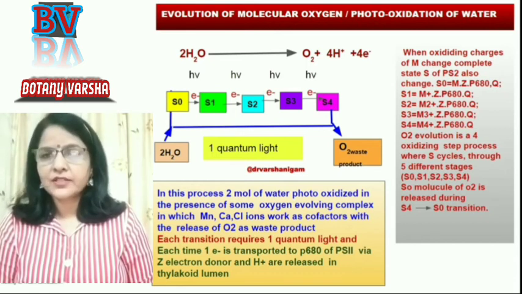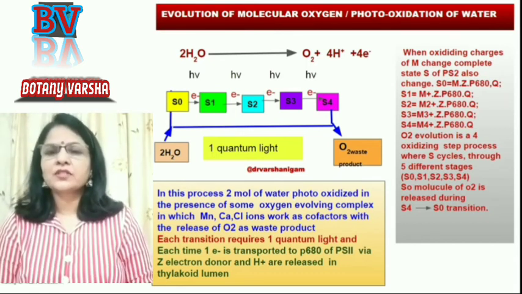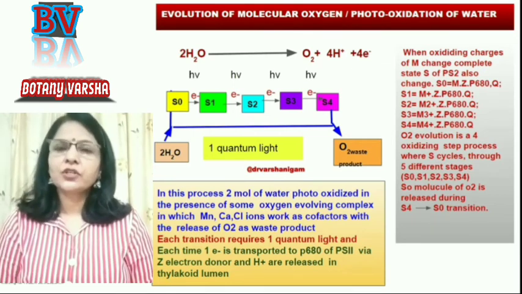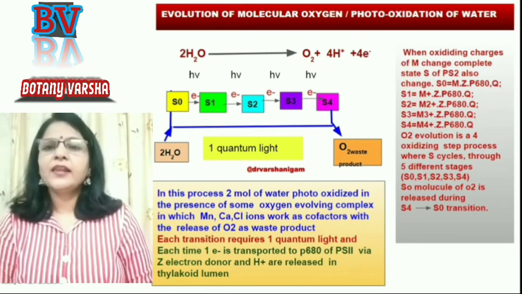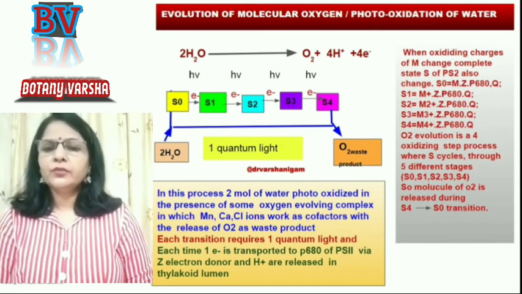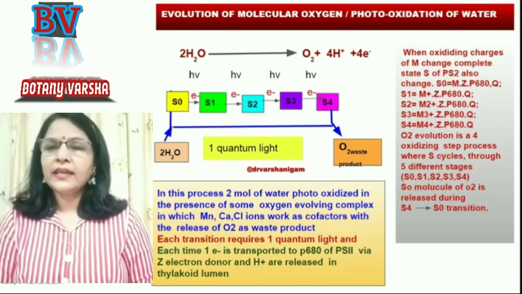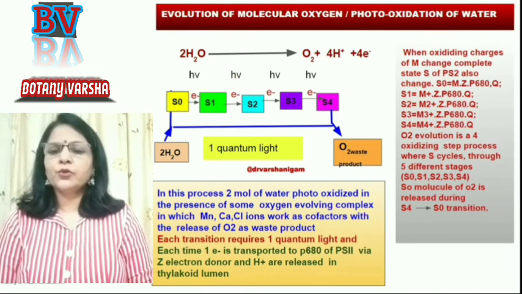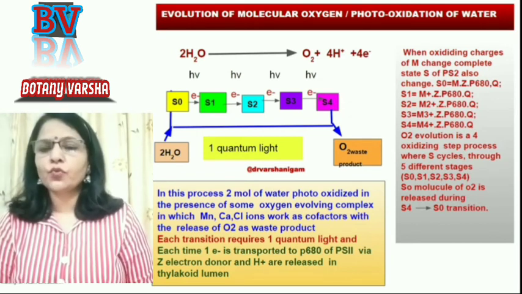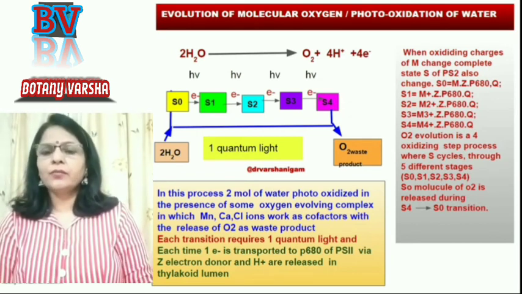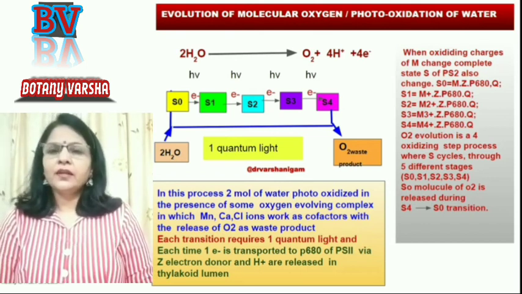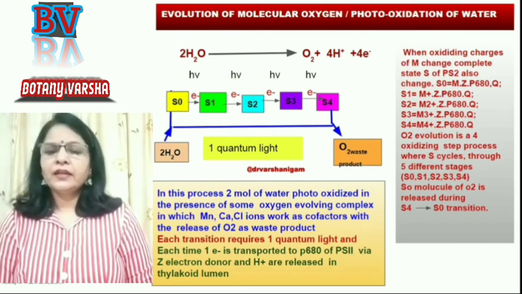The molecular oxygen is released as a waste product, each transition requires one quantum of light, and each time one electron is transported to P680 of pigment system 2, donated with the help of Z.